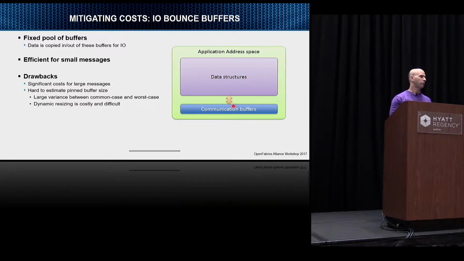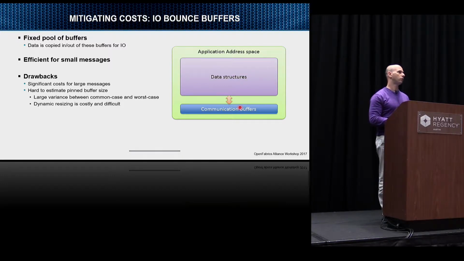This works for very small messages. It's efficient, but it has significant costs when large messages are involved. And even then, if you didn't estimate the sizes right, you might need to grow these buffers or release them, and that is also hard.